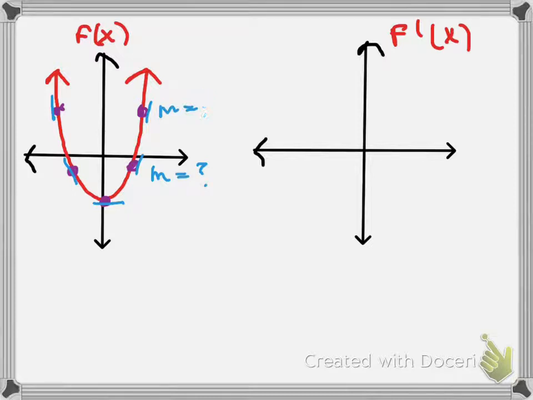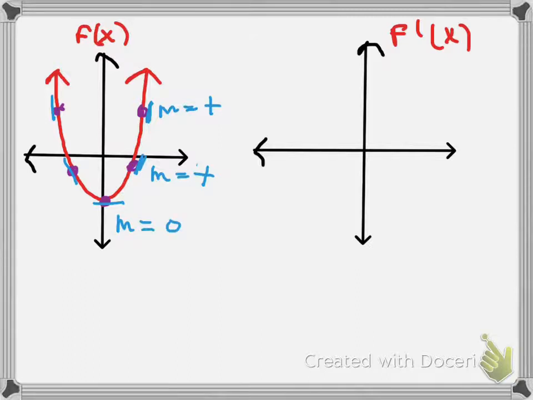So what I'm going to do is, instead of equaling a question mark, think about what kind of slope it is. Is it positive or negative? At this first point up here, I definitely see a positive slope. At this second point, I definitely see a positive slope. What kind of slope is down here at the bottom point? A slope of 0.